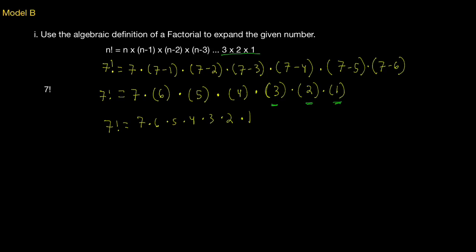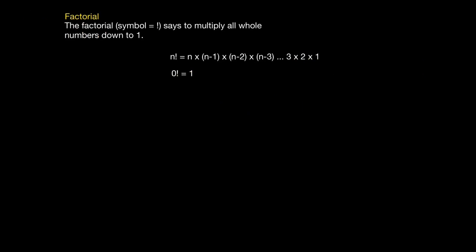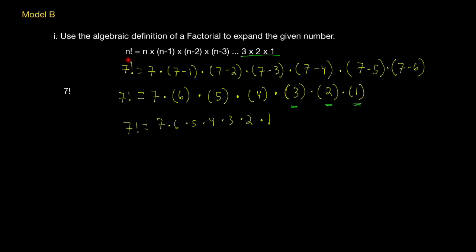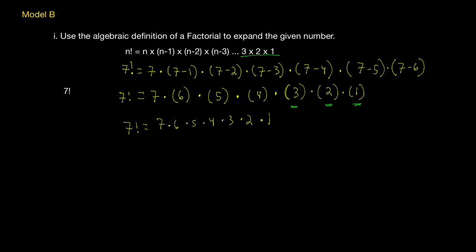There are advantages for having this mathematical definition, and I'll apply it towards the end of the class to show you why 0 factorial equals 1. But trust me, there's a reason why we have both definitions, both algebraic and this written version as well.